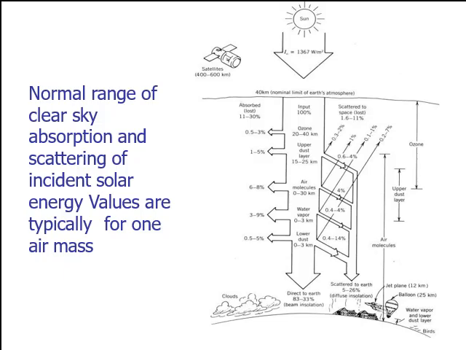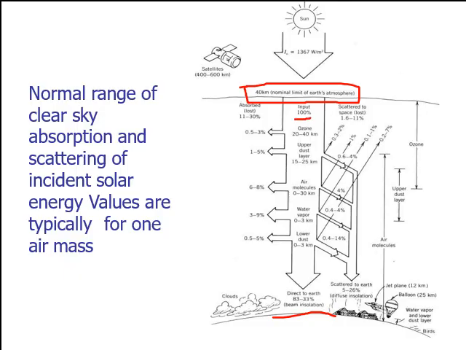So this is a representation of how solar energy reaches the earth's surface. So you can see on the way from the 40 kilometer above the earth's atmosphere, the solar irradiation that comes in is 100%.